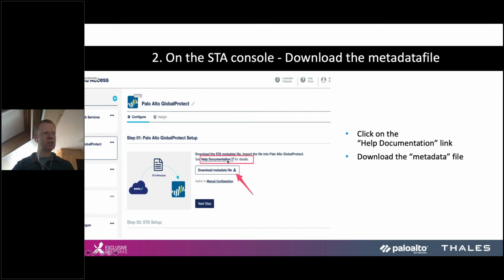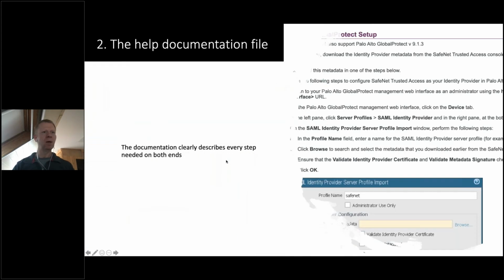Note there's also a help documentation link, and if you click on that link, you will go to a PDF explaining all the detailed steps you need to do, both on the Palo Alto side but also on SafeNet Trusted Access. That's a detailed explanation of everything you need.